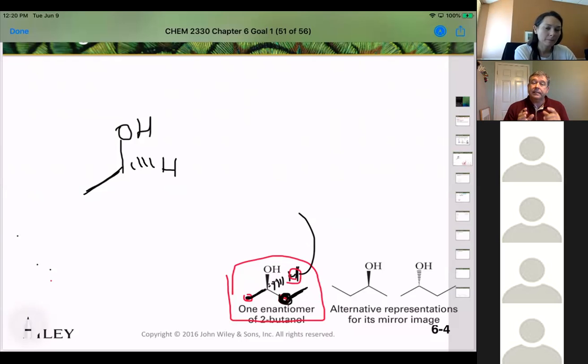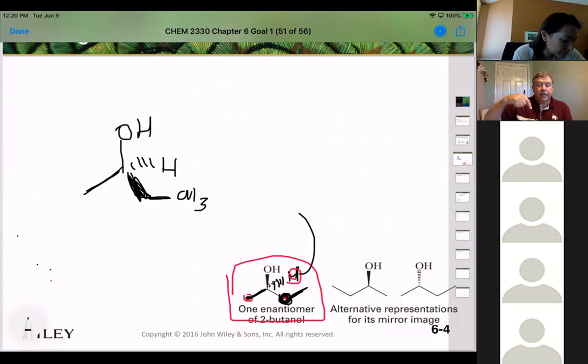It can't stay in the flat plane anymore because we've rotated it, right? So if we take that flat plane and rotate it down here, that part is now kicked out toward us. So that's where we put our solid wedge here with our ethyl group. And that's the translation of that flat drawing to that tetrahedral drawing that lets us do that rotation.